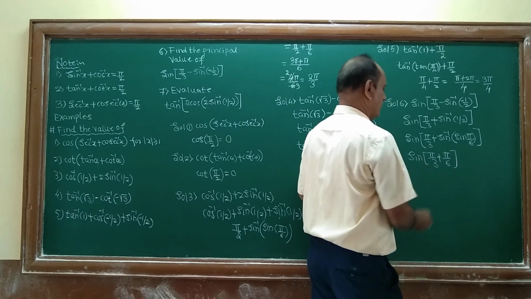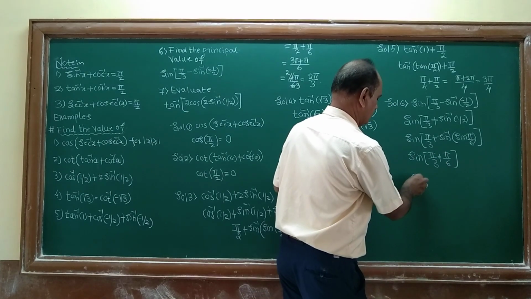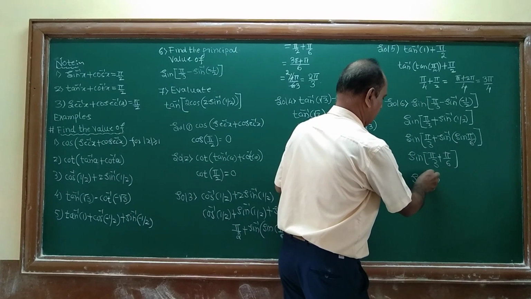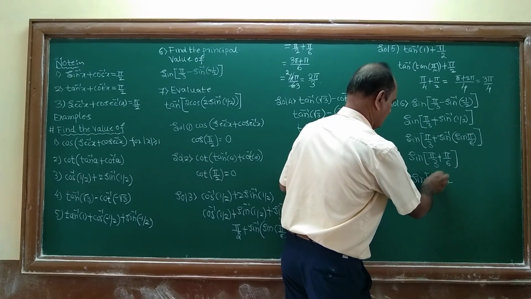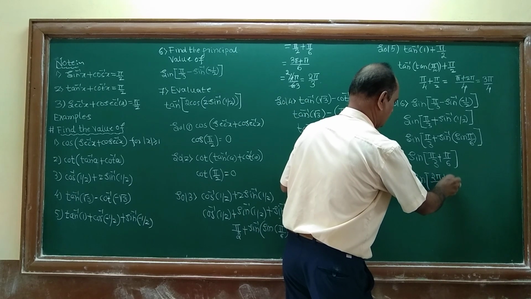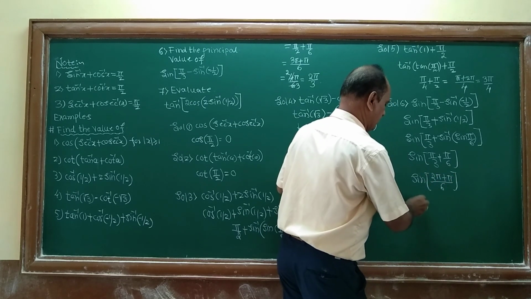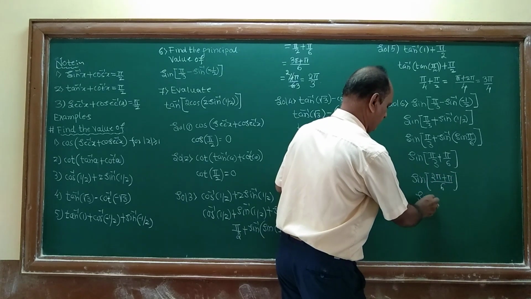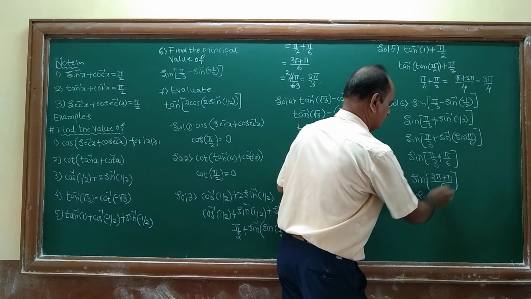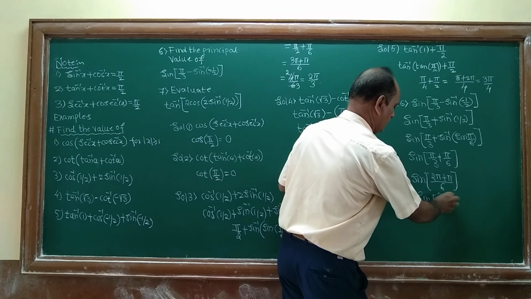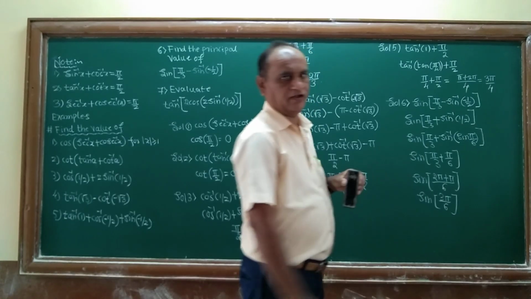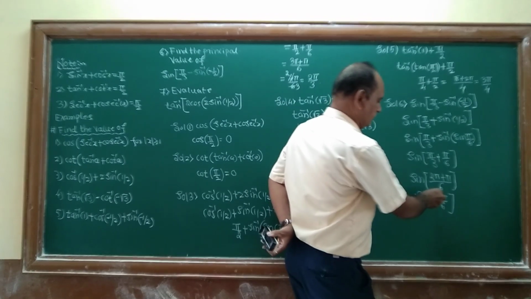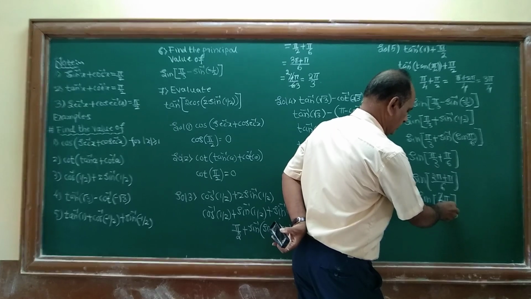Just by taking the LCM, the total LCM is 6. So 2 pi plus pi means 3 pi, divided by 6. Three ones are 3, three twos are 6.